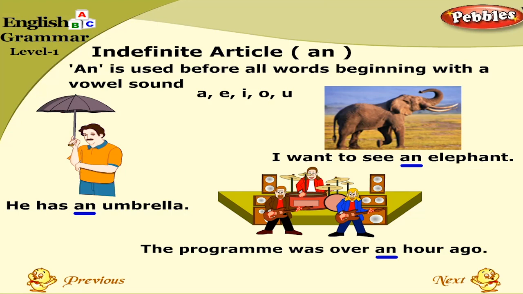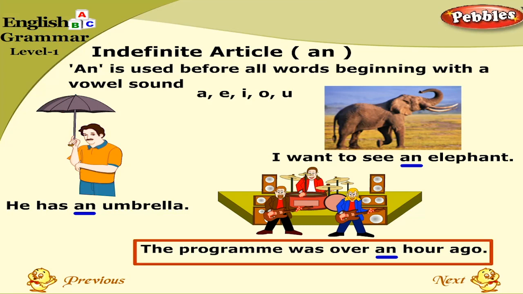I want to see an elephant. The program was over an hour ago. I have a doubt here. H is not a vowel. How does an come before the word hour? In the word hour, H is silent and the word is pronounced like beginning with a vowel.